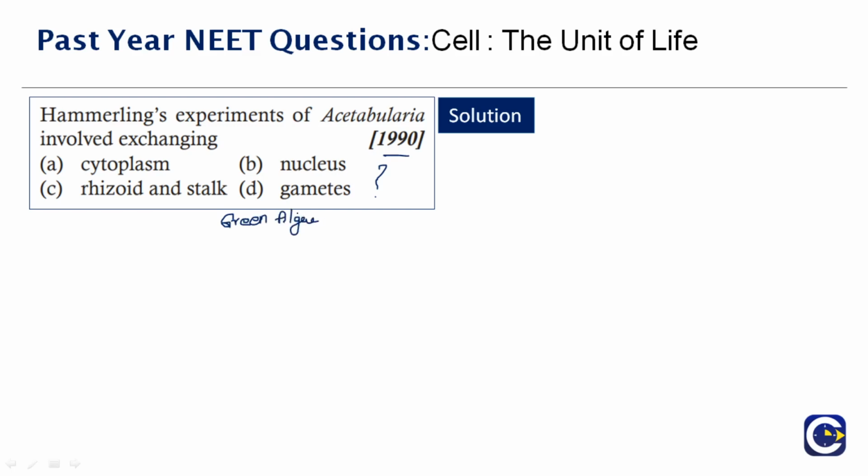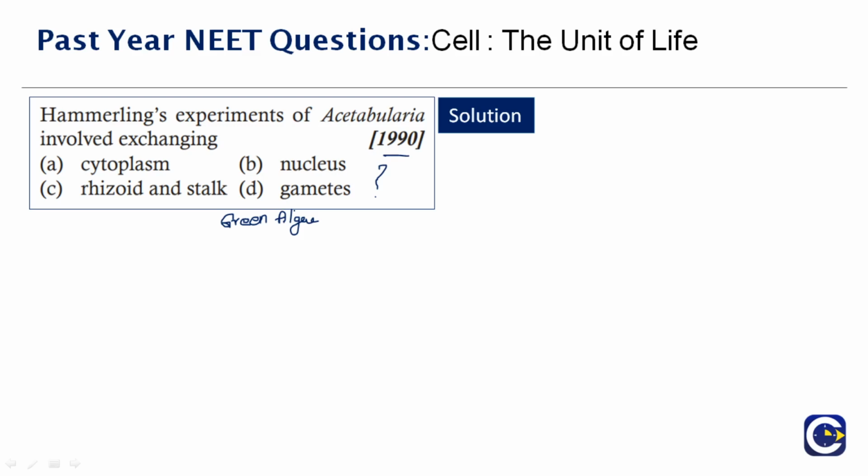Now, Hammerling carried out experiments with this particular green algae. He took 2 species from this Acetabularia. Acetabularia is a genus name, but under that he took 2 species and carried out certain experiments. So here the question is, what exchange does it involve?